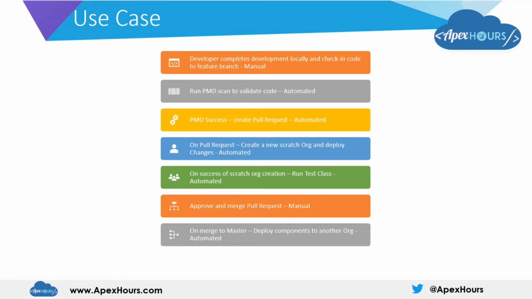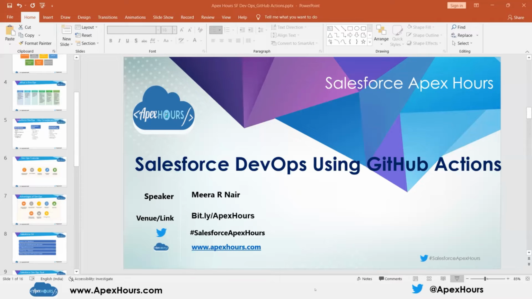And at that moment, I need to deploy the components to another org. In the real world, it might be your system integrated testing environment, or it can be UAT, but you need to deploy this to a higher environment. That is the next step. So these are the things that we are going to implement as part of the current DevOps strategy.